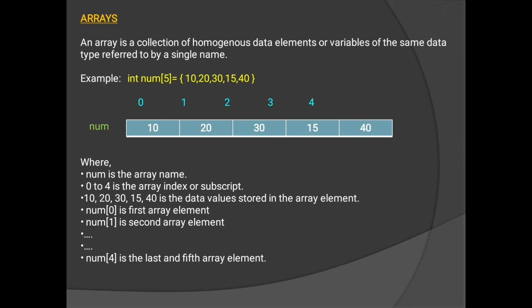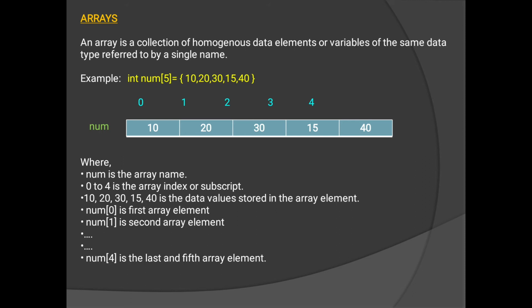Based on this subscript, the data values can be entered into the array elements. If you have the subscript 5, that means 5 array elements can be created by this array. Or you can say in normal form, 5 variables can be declared and used using this array name num.